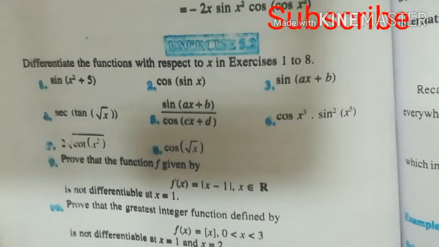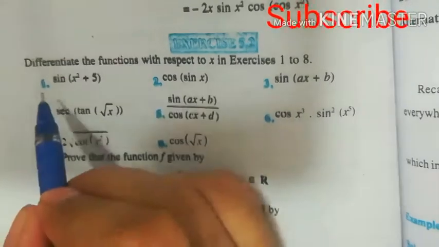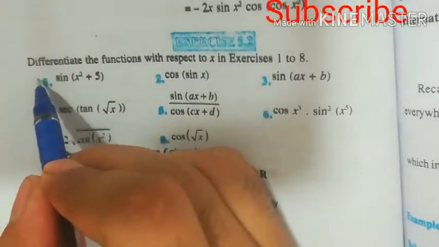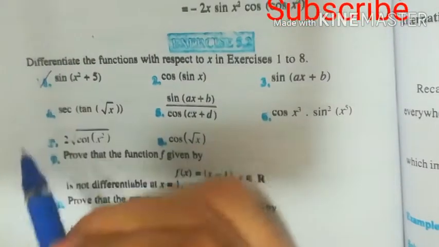My dear friends, I will show you two rules. For every question, first I will complete this question number first with both the rules. First I will show you this question by chain rule, then I will show you this question with my own rule. Then you can choose which rule is best.